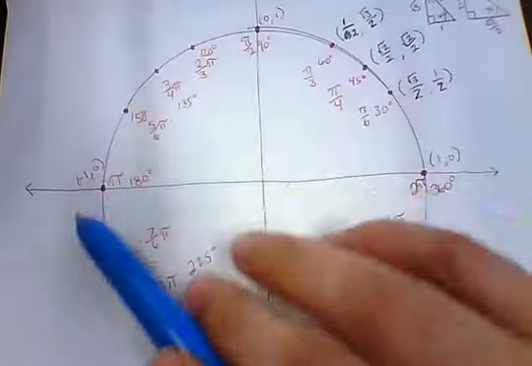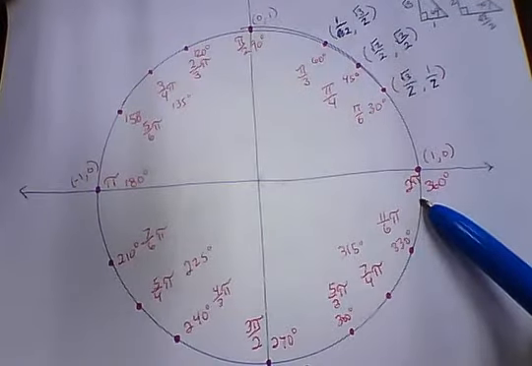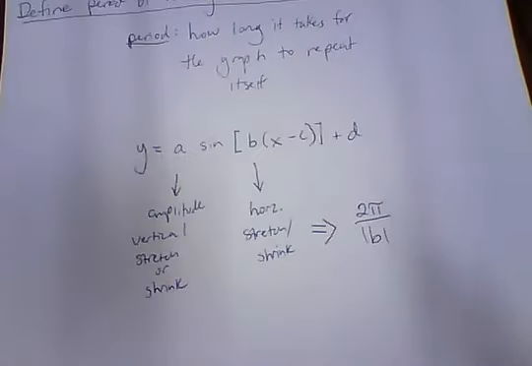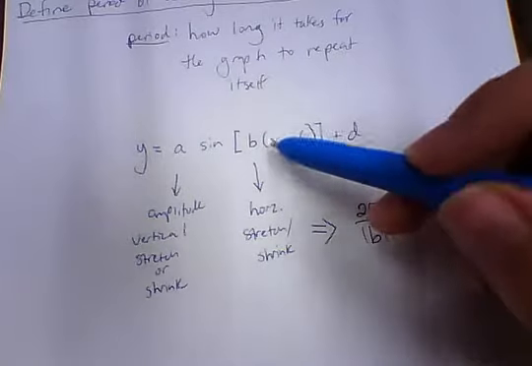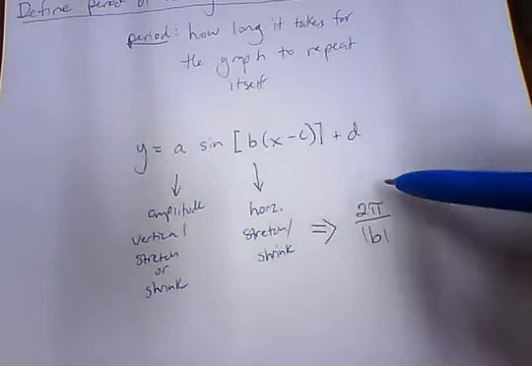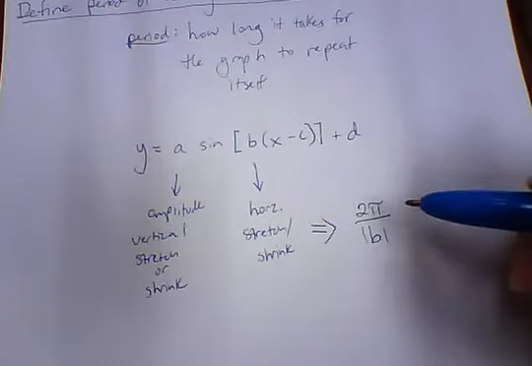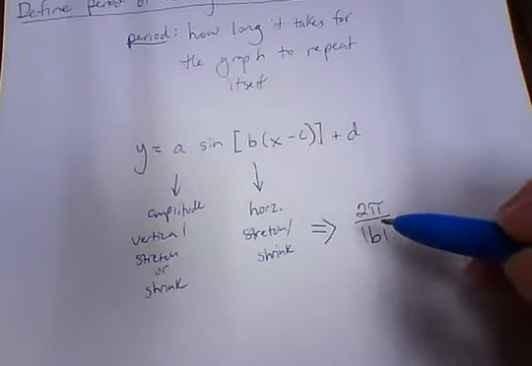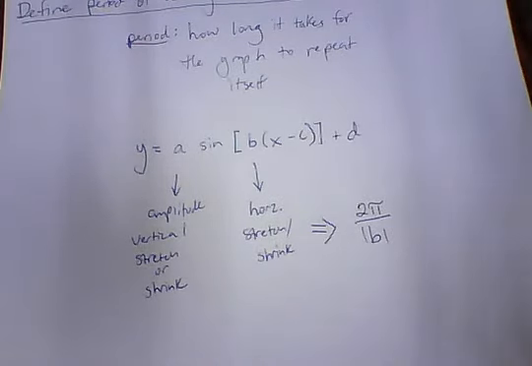It takes sine a whole 2 pi to repeat itself. So that being said, when we have a b value of 1, so it doesn't really show up, then we have a regular rotation, right? We have a rotation of 2 pi, just like it normally would be.